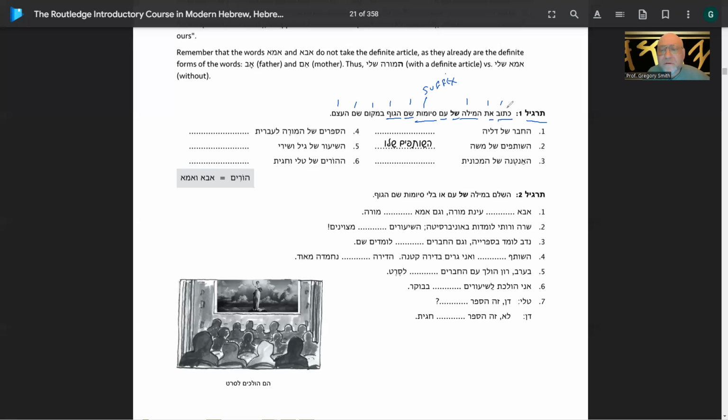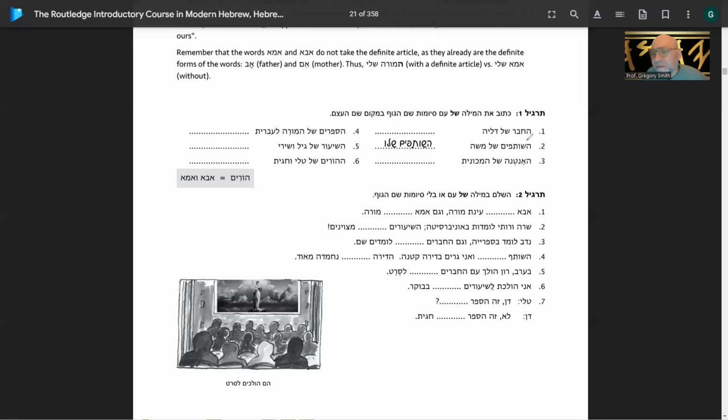Okay, so write the words shel, belonging to, with the suffix, the name of the body, in place of the name of the object. Okay, so that's essentially what that's saying.